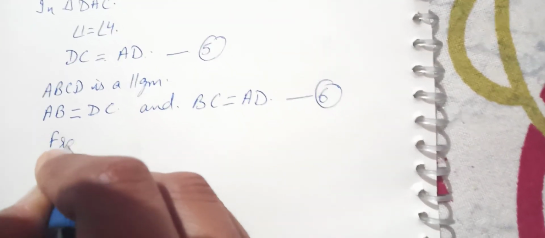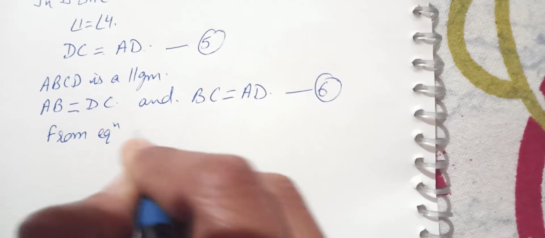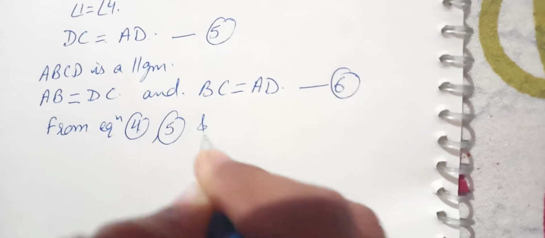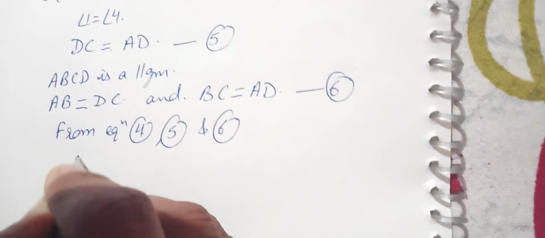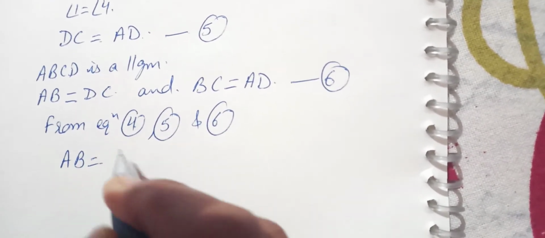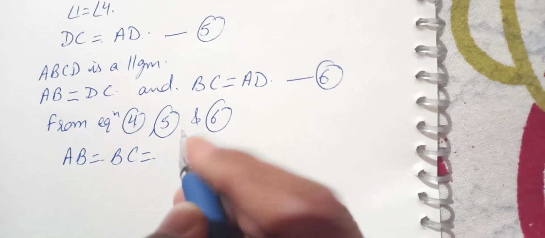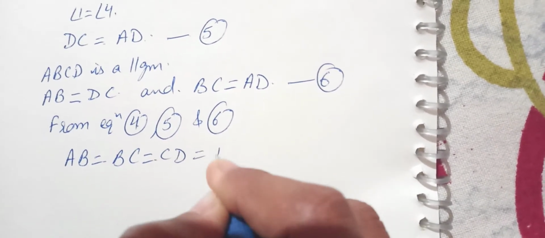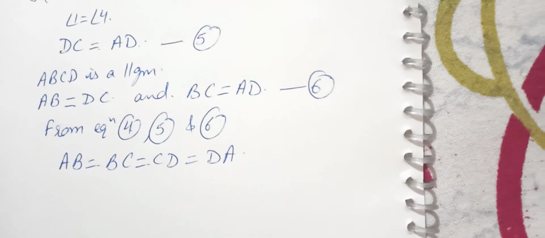Okay, so from equations 4, 5 and equation number 6, we get AB becomes equal to BC equals to CD equals to DA.